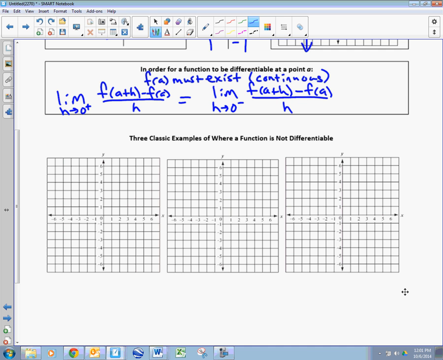What's that? That's what I have right there. This is different. This is the derivative from the right equals derivative from the left.